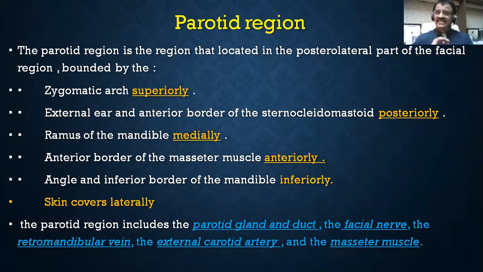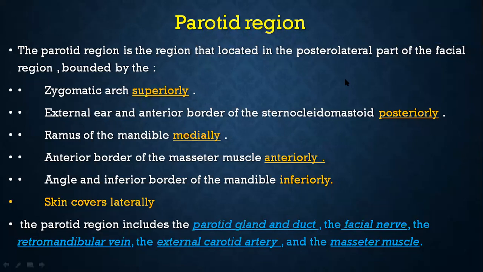The parotid region is located in the posterior lateral part of the neck face region, which is bounded by the zygomatic arch superiorly, the external ear and anterior border of the sternocleidomastoid posteriorly, the ramus of the mandible medially, the anterior border of the masseter muscle anteriorly, and the inferior angle and inferior border of the mandible inferiorly.